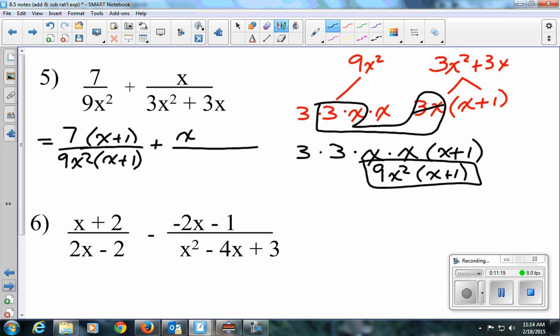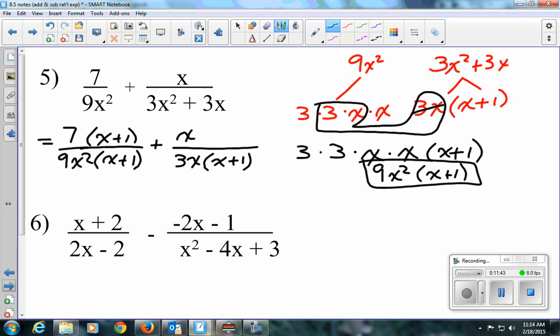Now, just to make life a little bit simpler in choosing my factors, I'm going to write this in factored form. So this was 3x times x plus 1. So this and this are the same thing. I haven't changed that. When I look at it like that, what is missing that I need to multiply this one by? The 3x. Okay?